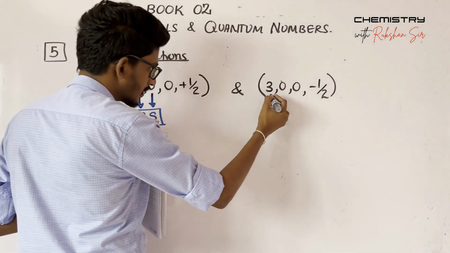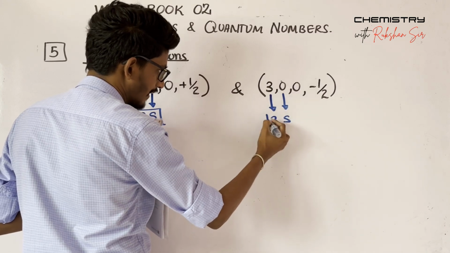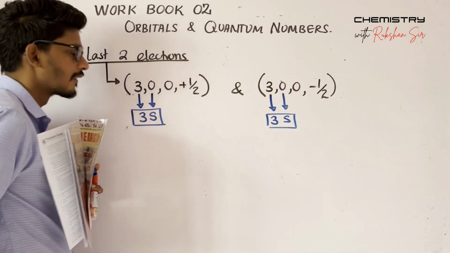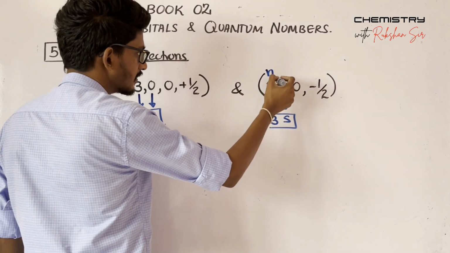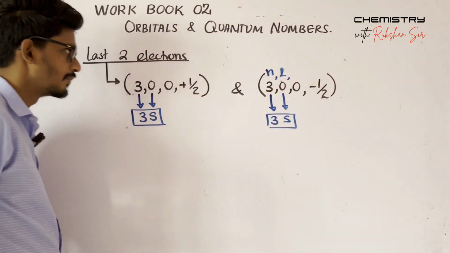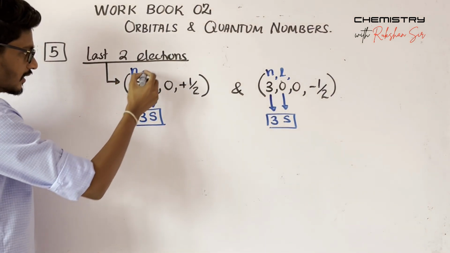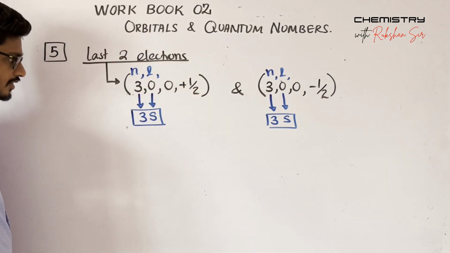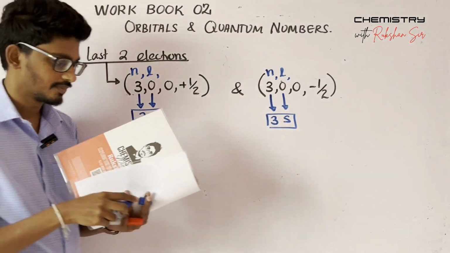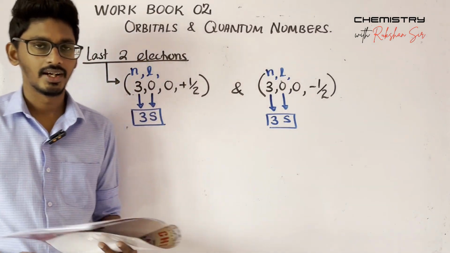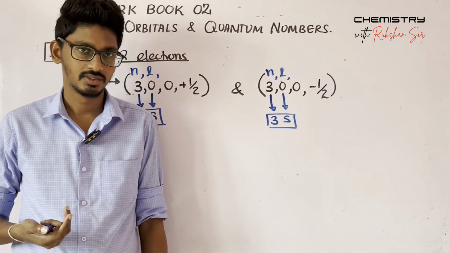L value equal to 0 means the S subshell. n value equal to 3 means the third energy level. The first quantum number gives you the main energy level, the third energy level. The second quantum number gives you the subshell. So this is about the 3S subshell, and this is also about the 3S subshell. So basically, this is an atom where the 3S subshell is its outermost subshell.